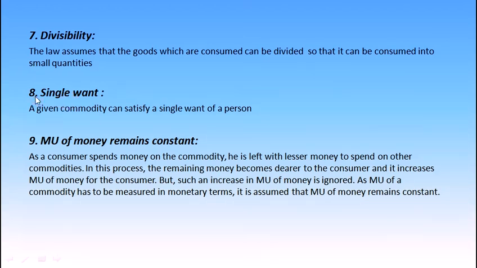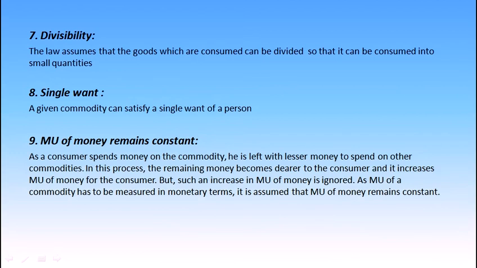So the assumption is it should be used only for one want. And the last point is the marginal utility of money should remain constant. We know that the marginal utility of money never decreases, but we assume that it should remain constant.